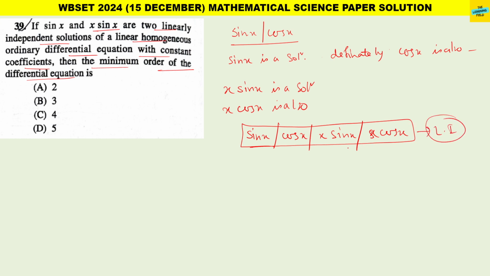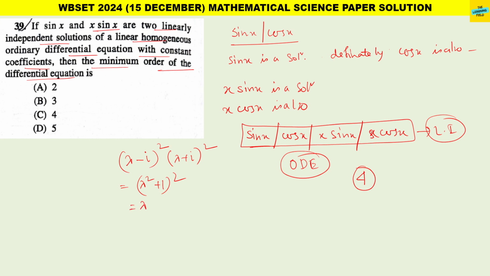Therefore, if these four independent solutions occur in the solution of an ODE, then the minimum order of the differential equation is definitely 4, because we get 4 linearly independent solutions. Also, you can see that the auxiliary equation is (lambda minus i) whole square into (lambda plus i) whole square, which is (lambda square plus 1) whole square.